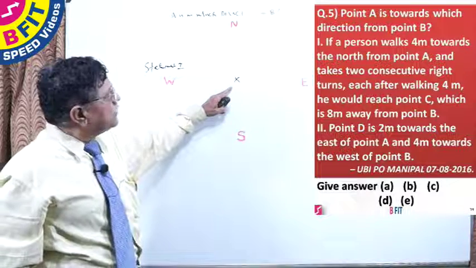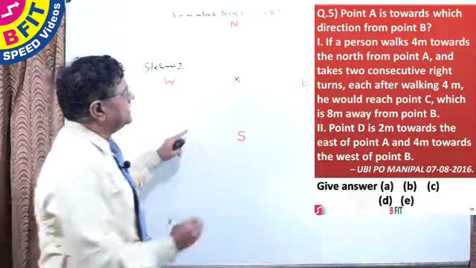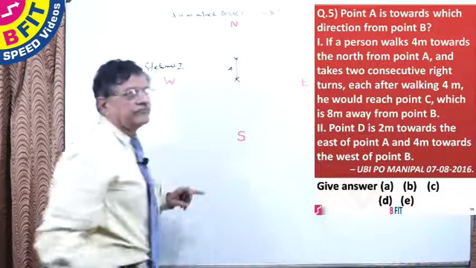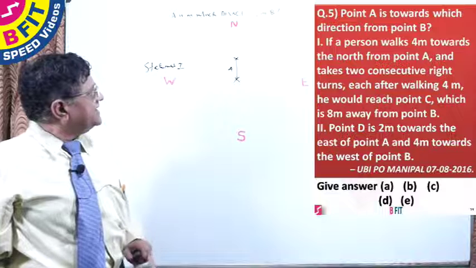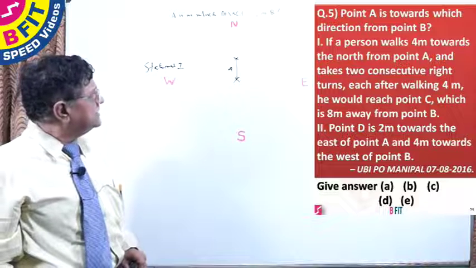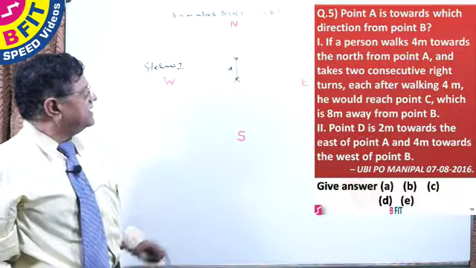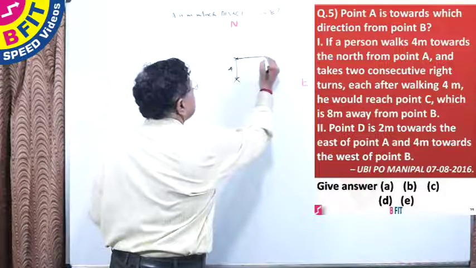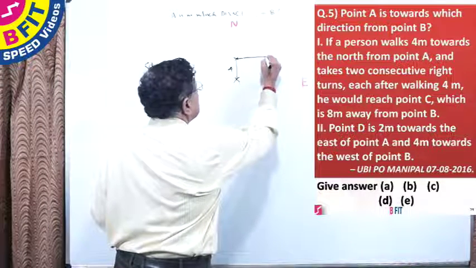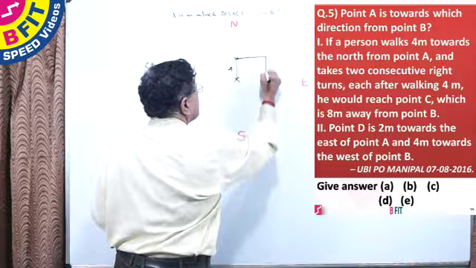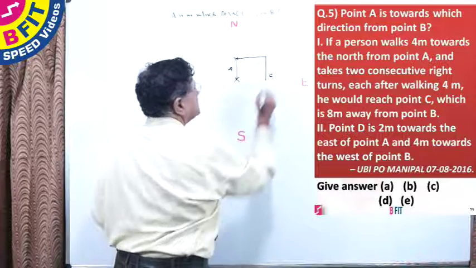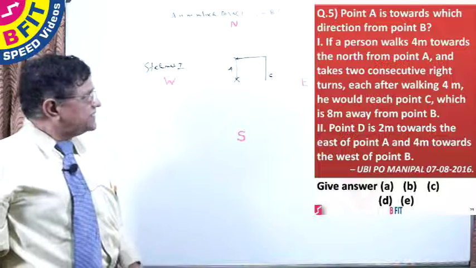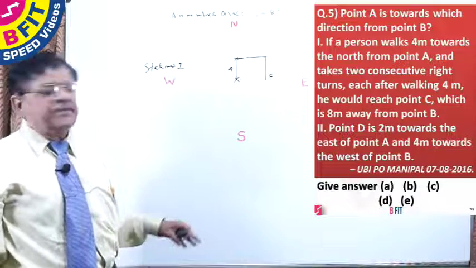If a person walks 4 meters towards north from point A and takes 2 consecutive right turns, each after walking 4 meters, he would reach point C, which is 8 meters away from point B.